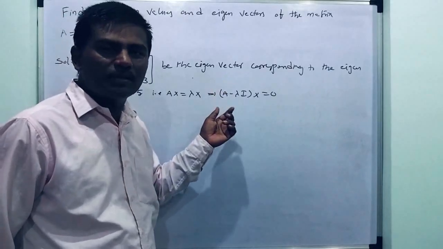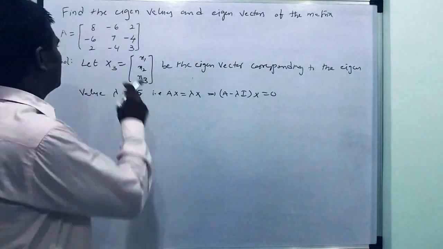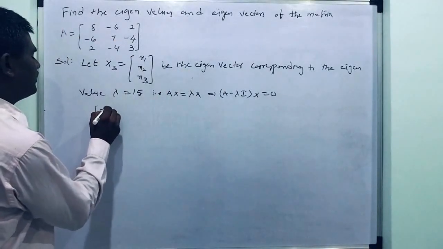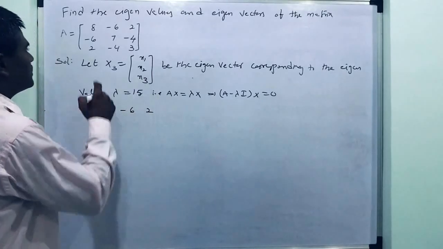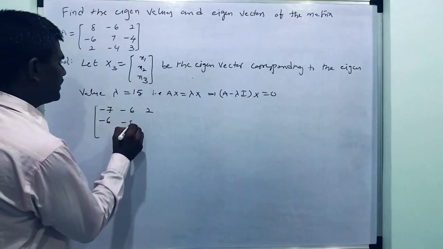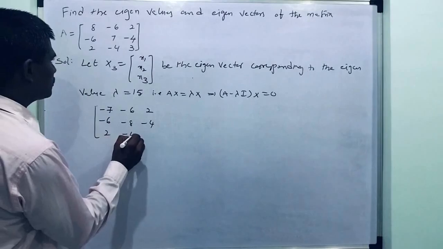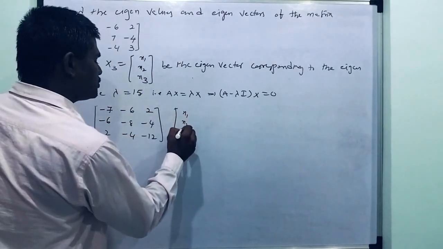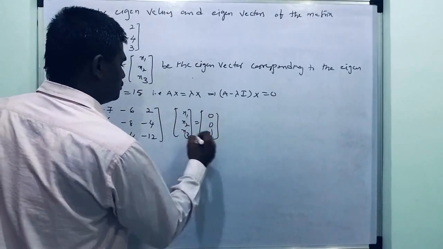So let us subtract lambda is equal to 15 from the diagonal of the matrix A. Then this becomes 8 minus 15, minus 7, minus 6, 2; minus 6, 7 minus 15, minus 8, minus 4; 2, minus 4, 3 minus 15, minus 12, x1, x2, x3 equal to 0, 0, 0.